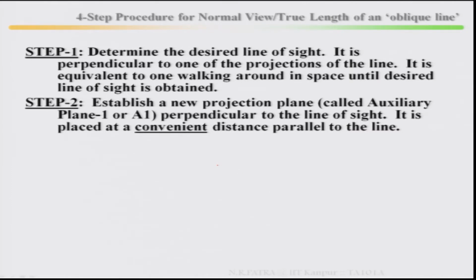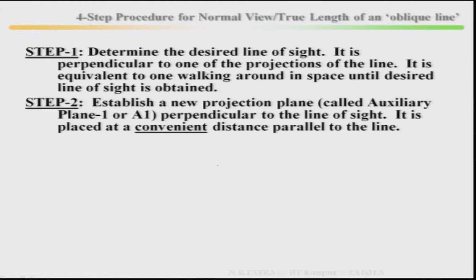Step 2, establish a new projection plane, called an auxiliary plane; you can name it A1, A2 or A3. It is perpendicular to the line of sight and placed at a convenient distance parallel to the line.